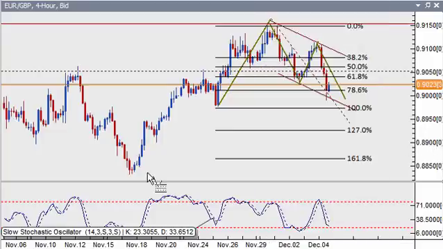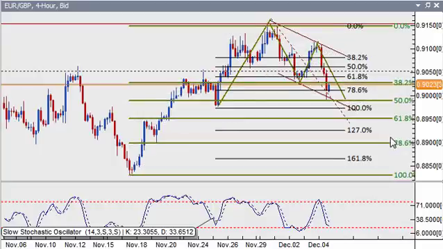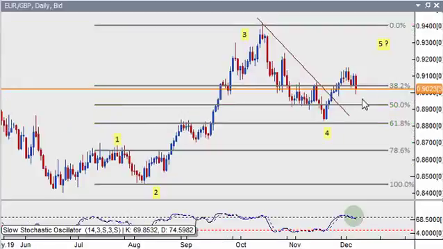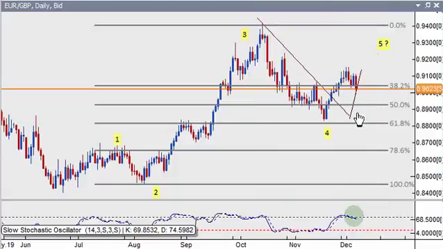This is the 78.6% retracement of our rally here. So if the market is supported somewhere around here next week, we may start considering the continuation of our wave 5, which means the start of wave 3.